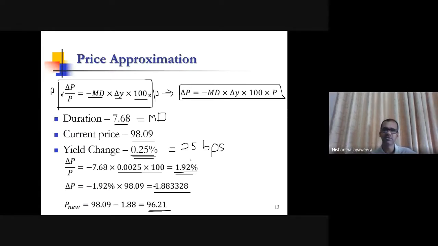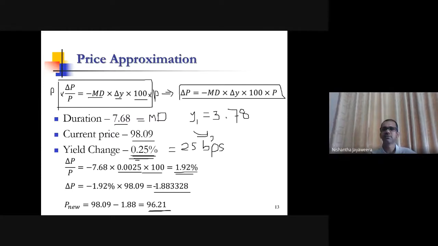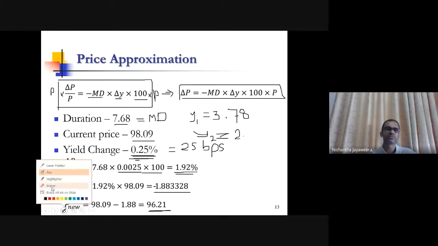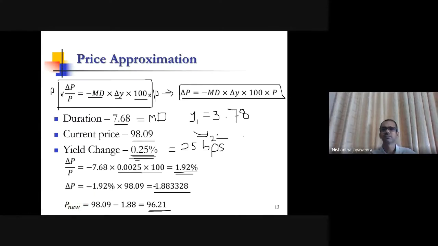And remember, in this equation, the change is given. But you may get, say, the current yield is something like 7.38, and the new yield is 3.58.